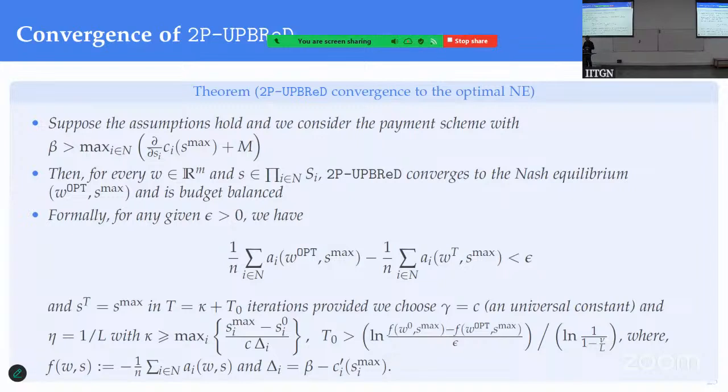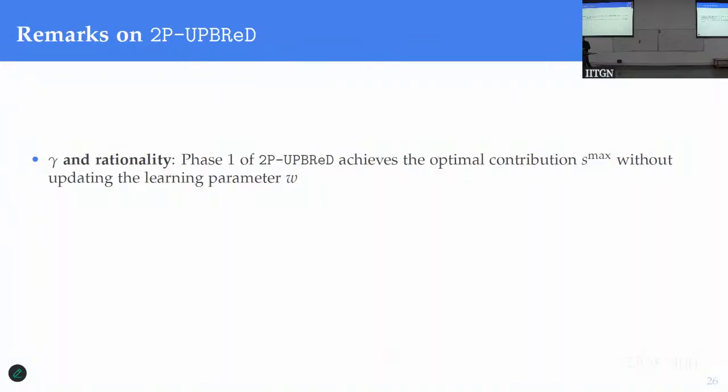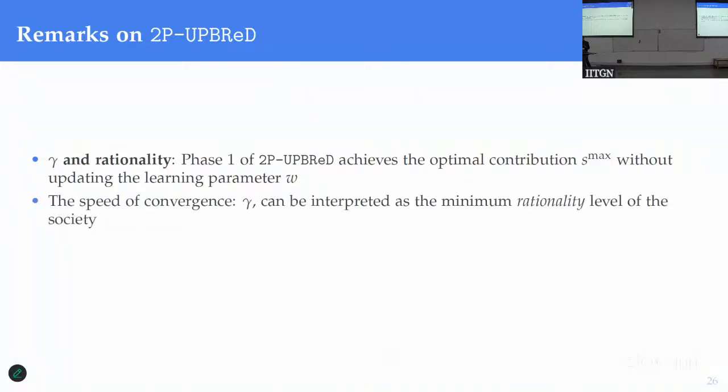We need some more assumptions, of course, but we can ensure that you converge to the desired equilibrium, which is W opt, S max. In the interest of time, let me skip this. For phase 1 and phase 2, there are some intuitions that we can draw, but we can discuss that offline.